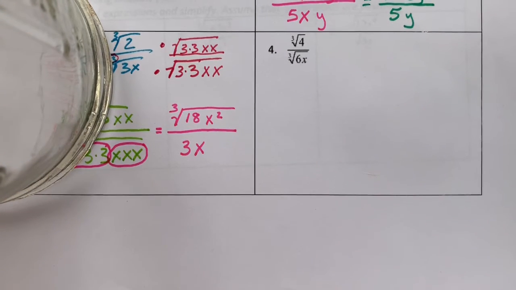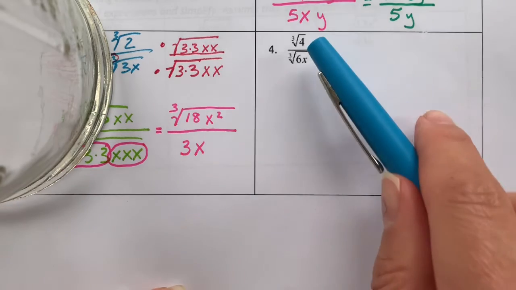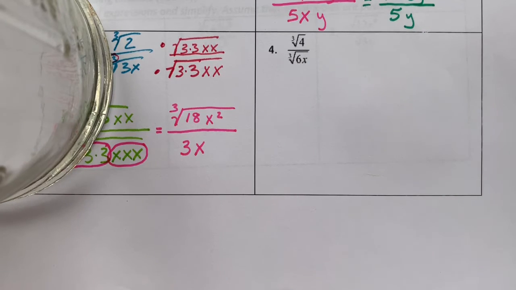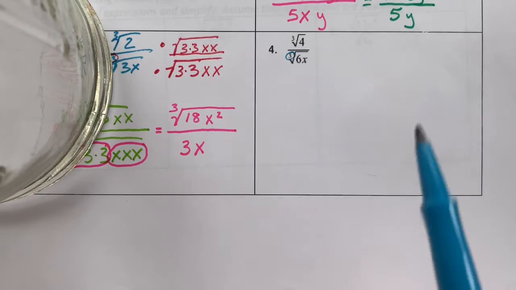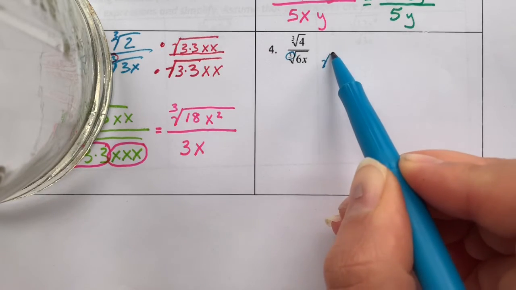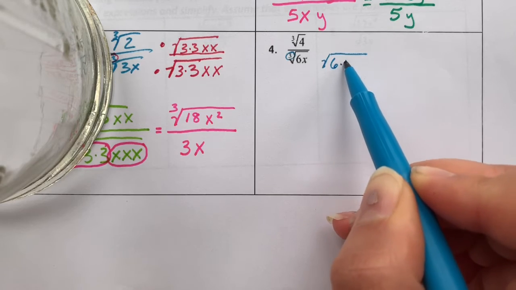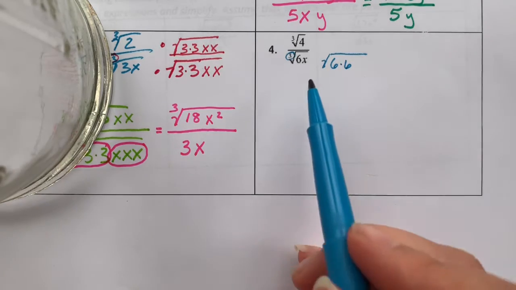So let's look at our last problem. I have the cube root of 4 divided by the cube root of 6x. Because of this 3, I need 3 to break it out of jail. I have 1 six, so how many more do I need? You should recognize that I need 2, so I'm going to write 6 times 6. And I have 1 x.